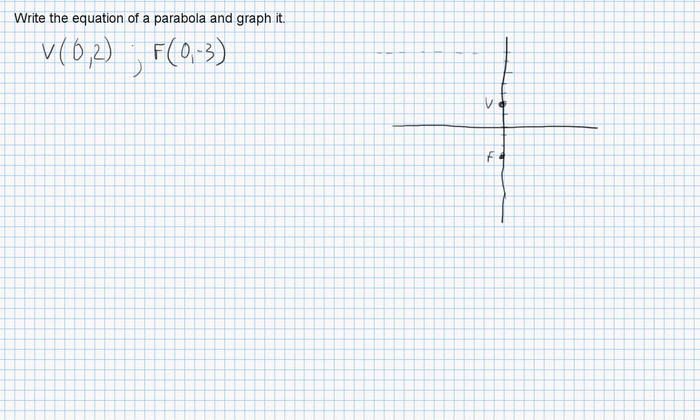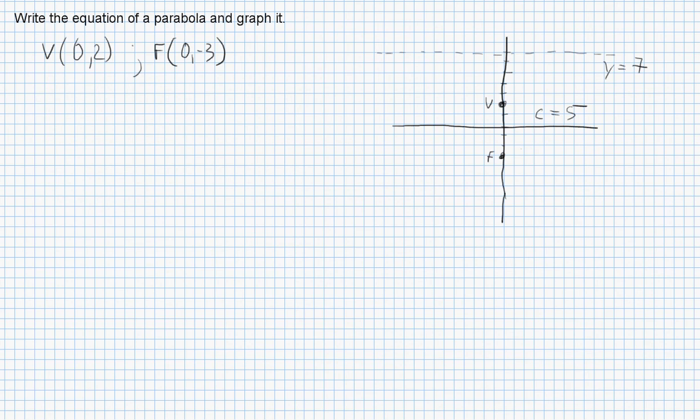Now I'll go ahead and sketch that in, and you can see the equation of that is y equals 7. What we also get from that is that the distance from the focal point to the vertex is 5. So the focal distance, the c, is going to be equal to 5. That's going to help us write the equation too.